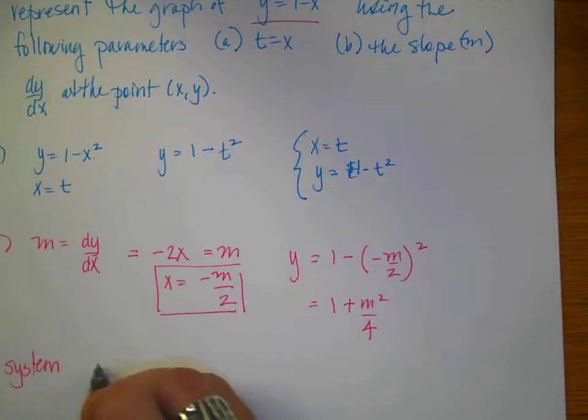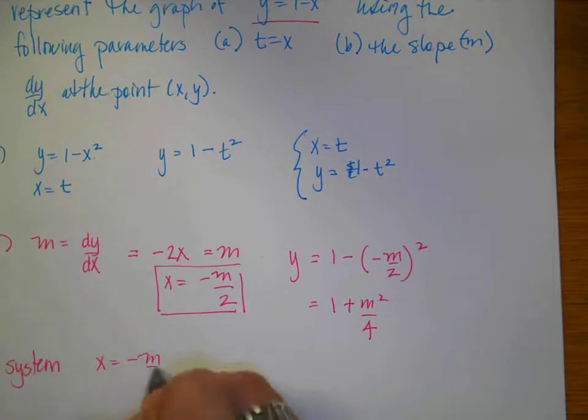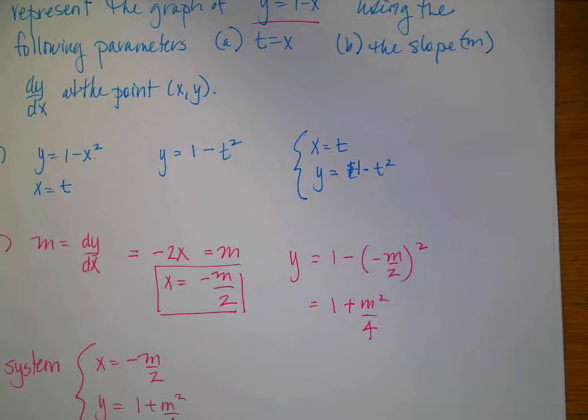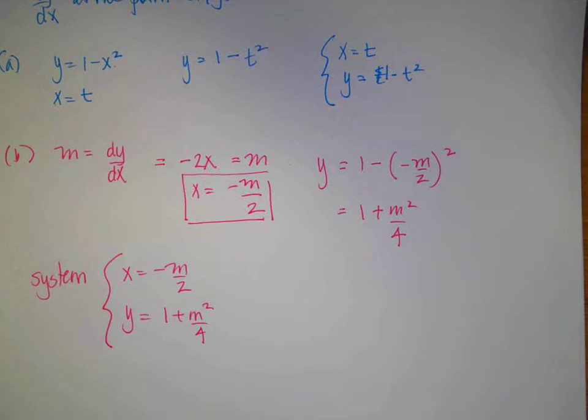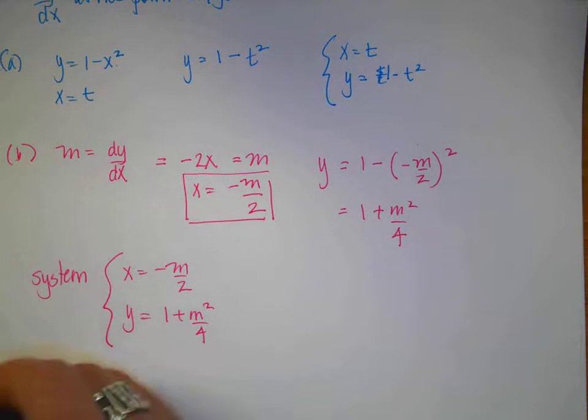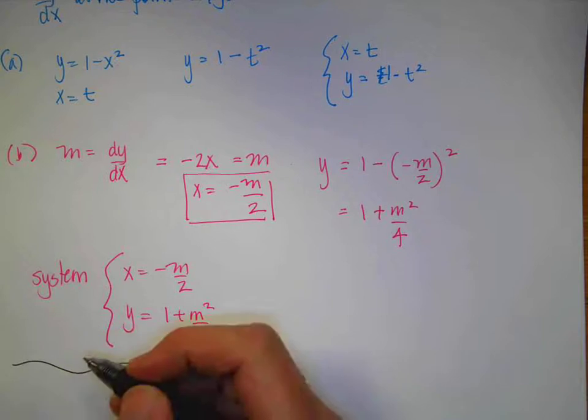So my system, and again, this is really super simple, is going to be x is negative m over 2, and then my y is going to equal 1 plus m squared over 4. So really not a difficult process at this point. And I'm sure it will get to be more entertaining, but so far so good.